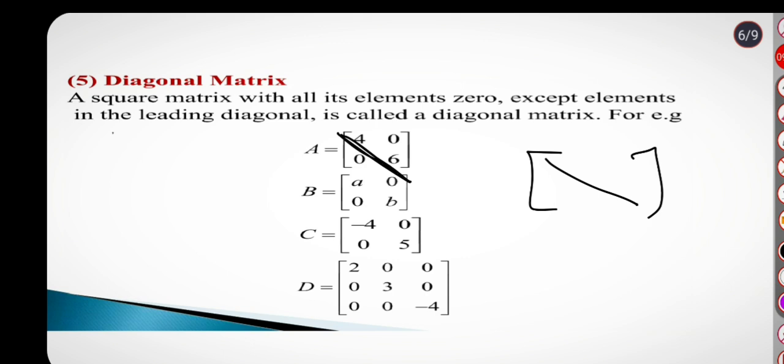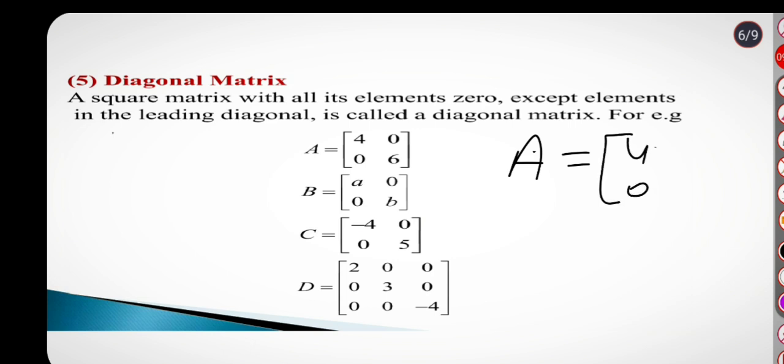You can also see this in the given example: A equal to 4 0, 0 6. All other elements are 0, but the diagonal entries are non-zero.